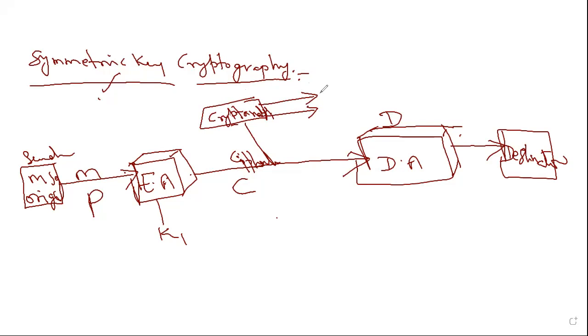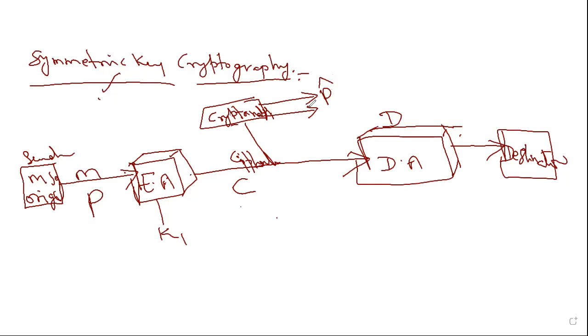His aim is to concentrate on extracting plain text. Suppose the opponent gets ciphertext C, then he concentrates on plain text. I put P cap because he may or may not succeed in that process.